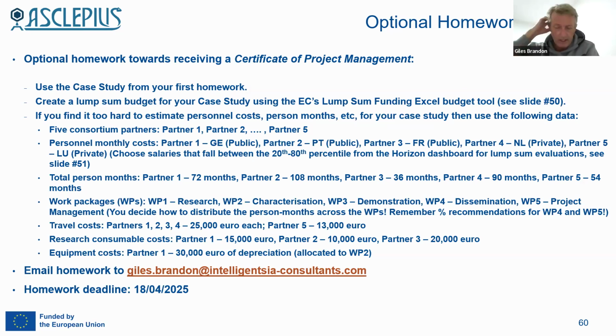Just remember that I had warned about what percentage of person months should be allocated for dissemination and project management. For each partner, there are some travel costs. Here are some figures I give here. It also suggests research consumable costs and equipment costs.